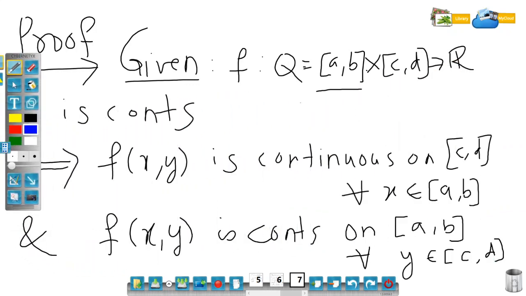Let me call this full part 1. So continuity in terms of x and in terms of y, this I call 1.